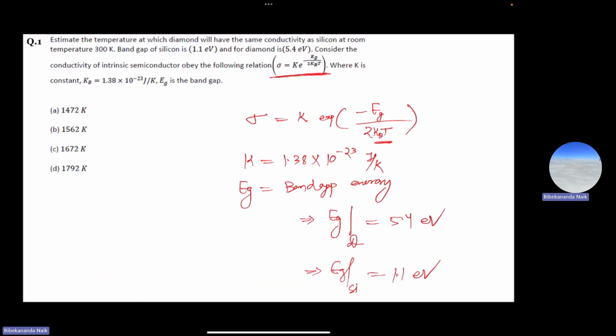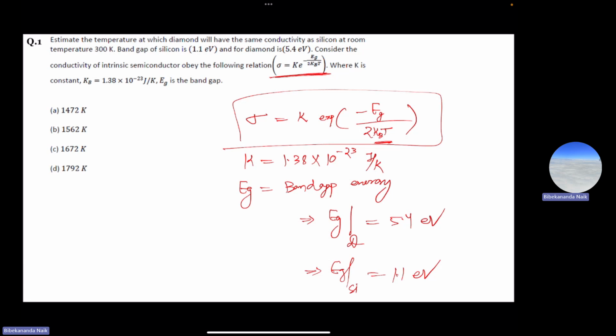Now you can see here the conductivity increases with temperature, because if you see the relation of the conductivity, it is sigma equals K exponential minus Eg by 2 kBT. Since T is in the denominator, and the exponential factor is negative, if T increases, the conductivity will increase.